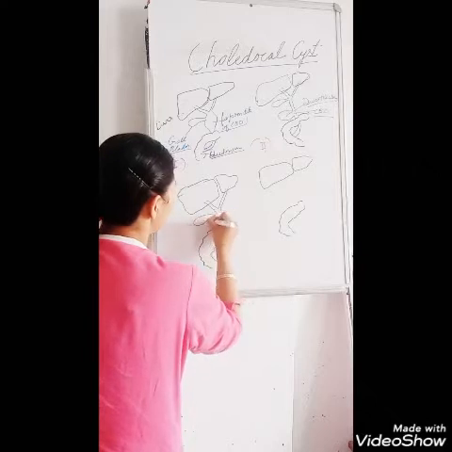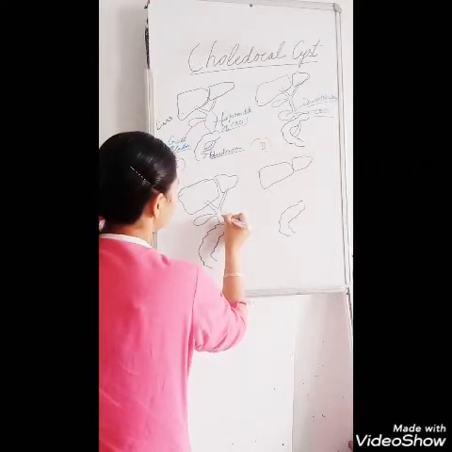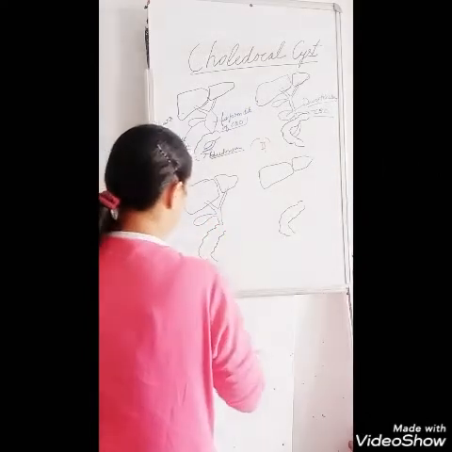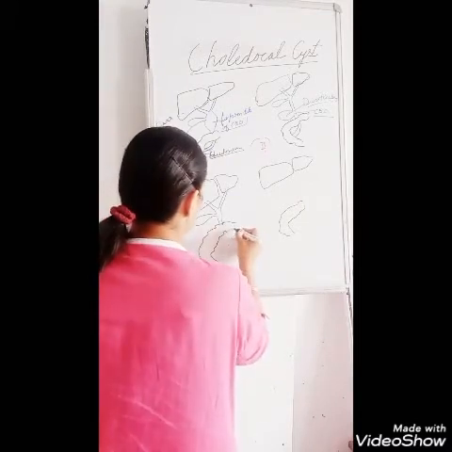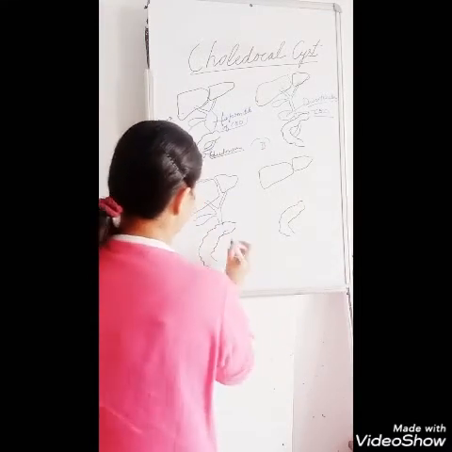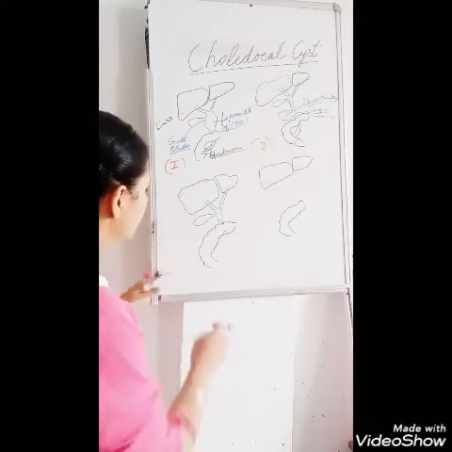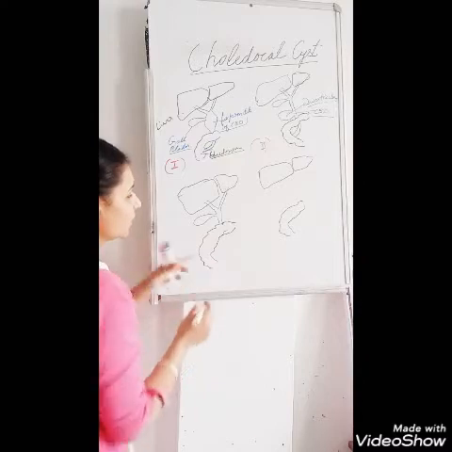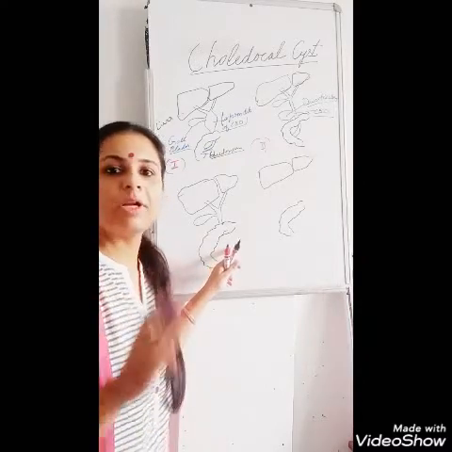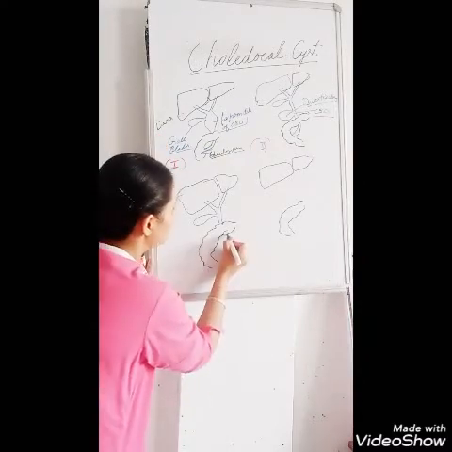This is the gallbladder. Now here the dilatation of the common bile duct will occur inside this duodenum. So the intraduodenal segment of the common bile duct will get dilated.